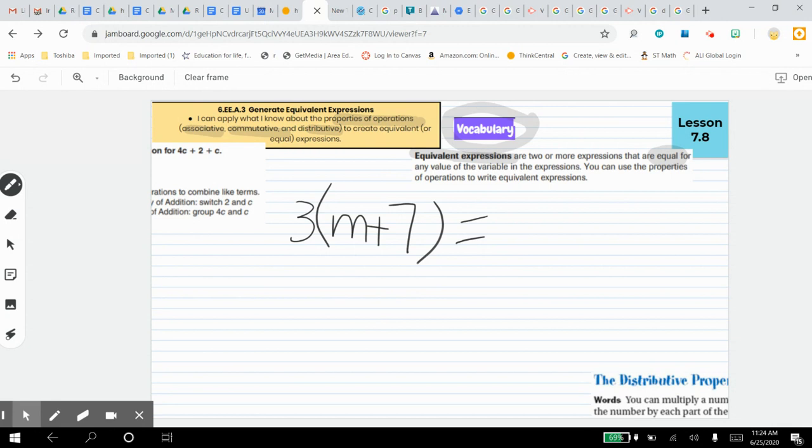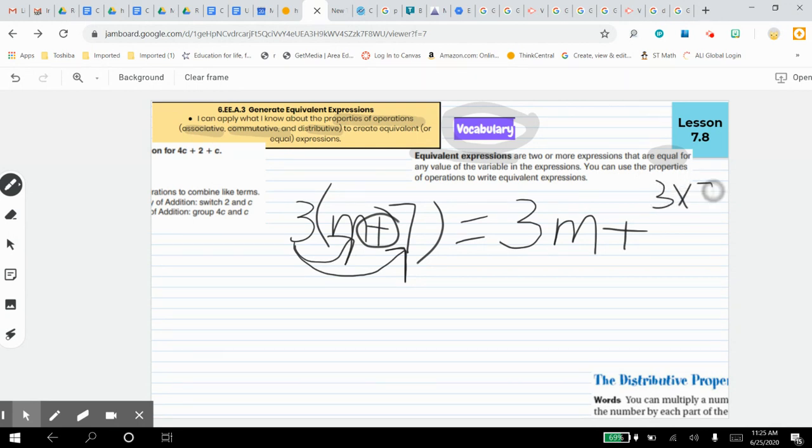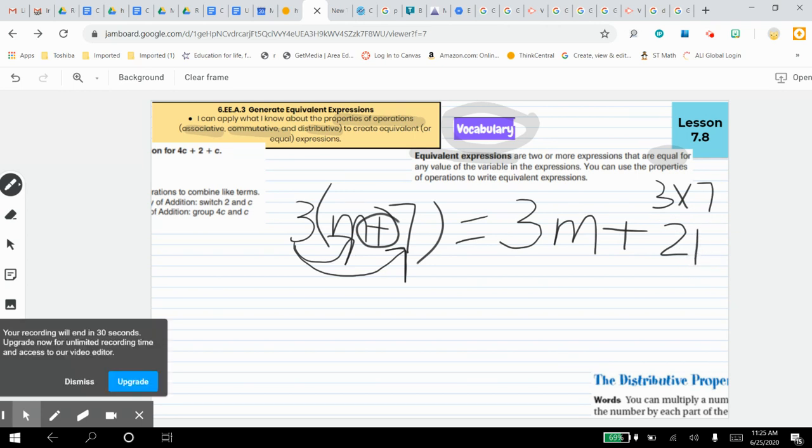When I have a parenthesis, I'm going to take 3 times m. I don't know what m is, so I have to leave it as 3 times m. I'm going to use the same symbol, and then I'm going to take 3 times the other value in that parenthesis. I can do 3 times 7, so I'm just going to put that value in there as 21. So these two are equivalent, okay?